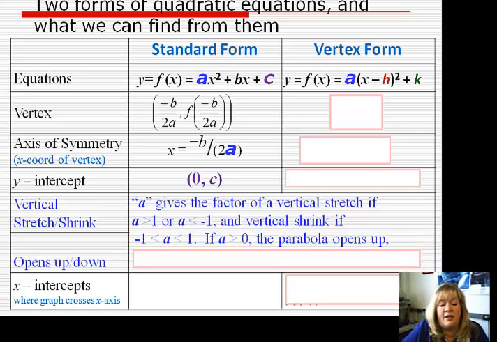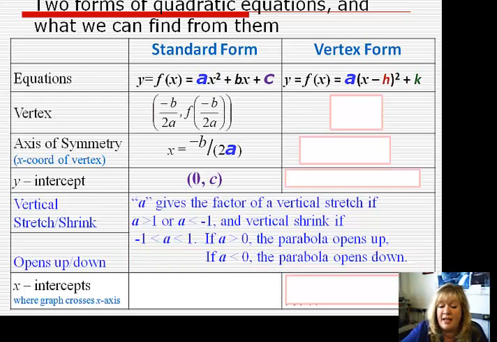If it is between negative 1 and 1, in other words a fraction, it will make it flatter and wider at the bottom, so it shrinks it vertically. If a is positive, the parabola is going to open up like a smiley face. If it's negative, it's going to open down like a frown. That's consistent with both forms.